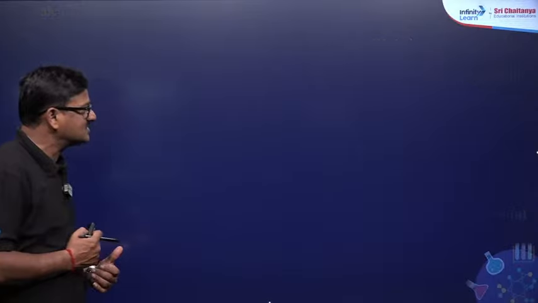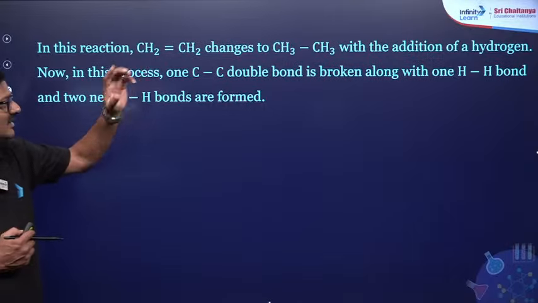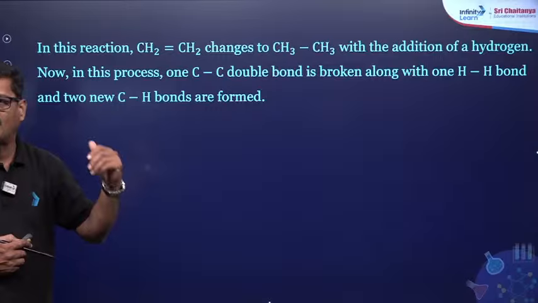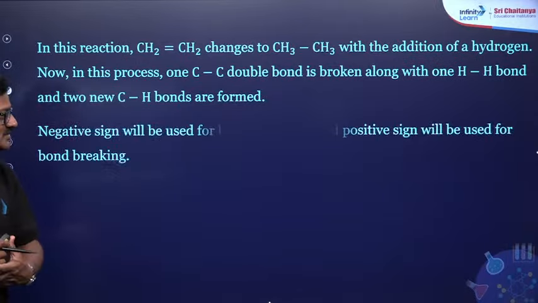You look at this here. First of all, in this reaction, double bond के लिए ये single bond बनाने का alkene का mole hydrogen add करके, you are going to see one double bond is broken, then one hydrogen bond is broken, then new carbon to hydrogen bond is formed.